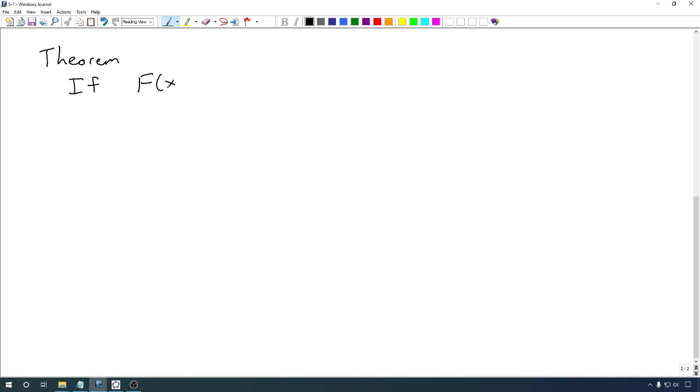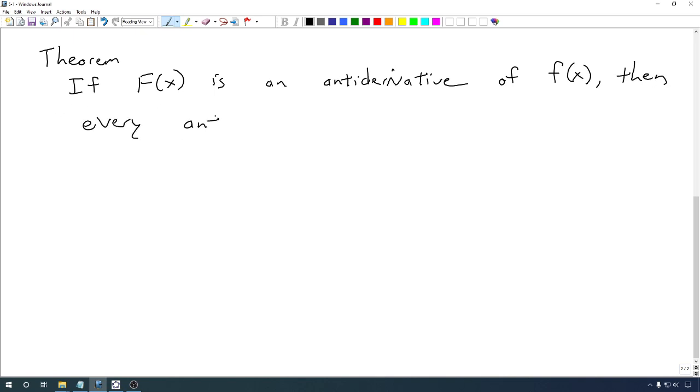If capital F of x is an antiderivative of little f of x, then every antiderivative looks like capital F of x plus some constant.